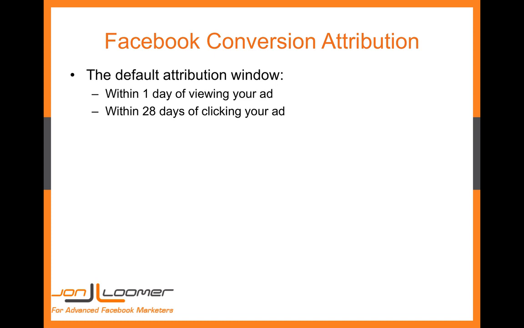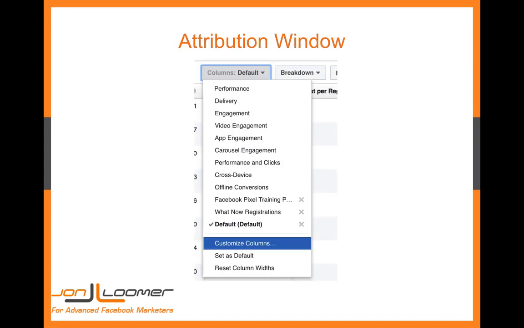No, that's not the case. There's this potentially large group of people who didn't take that direct route to convert. But just know that this can also be customized. So if you don't like to have that view through conversion reported in there, you can remove it. If you don't like it to be 28 days after clicking, you can change it to 1 or whatever you want.